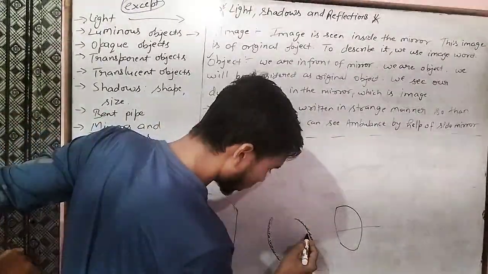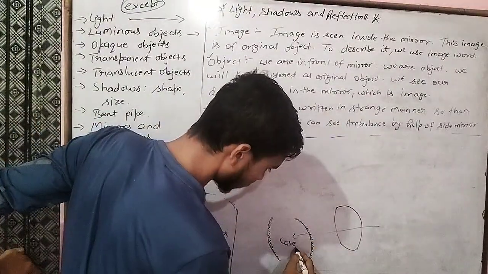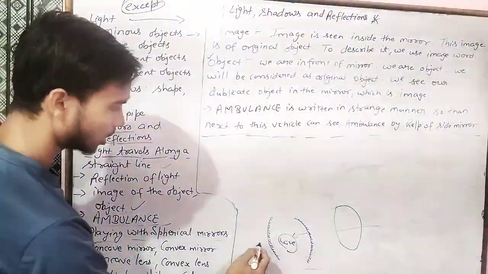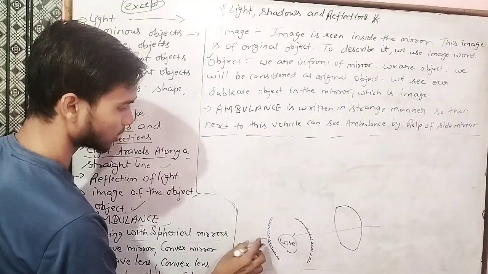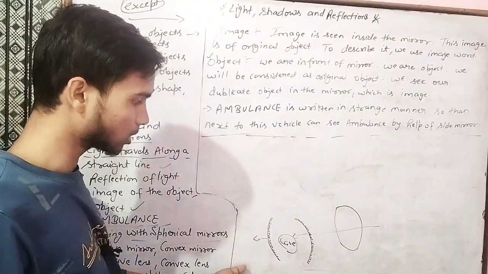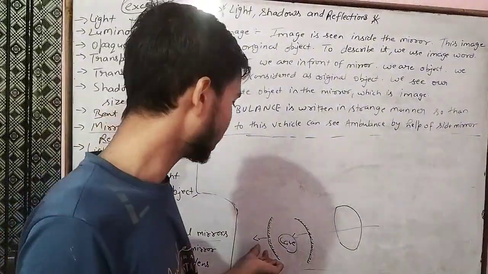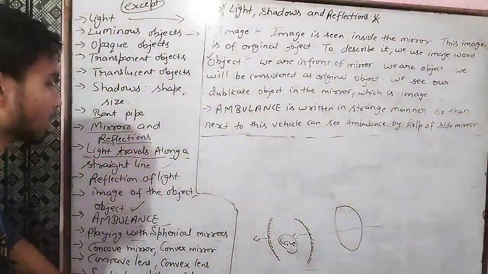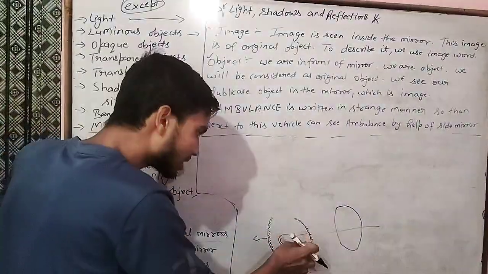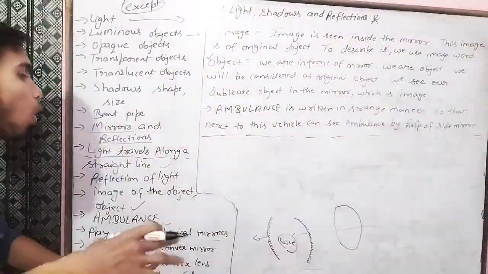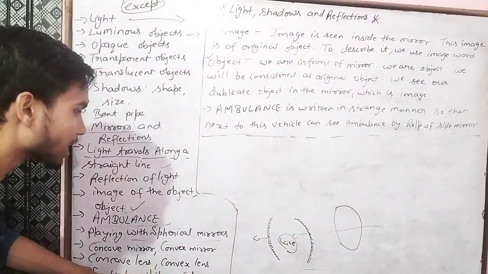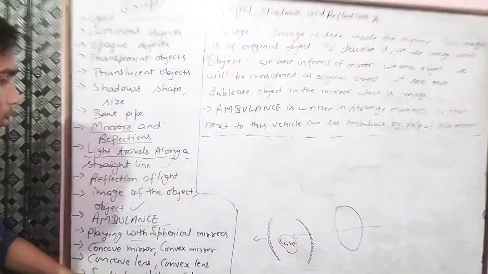This is a cave, that's why it is called a concave mirror. This is the upper surface of a spherical mirror, described as a convex mirror, but the lower surface of the spherical mirror explains the concave mirror.